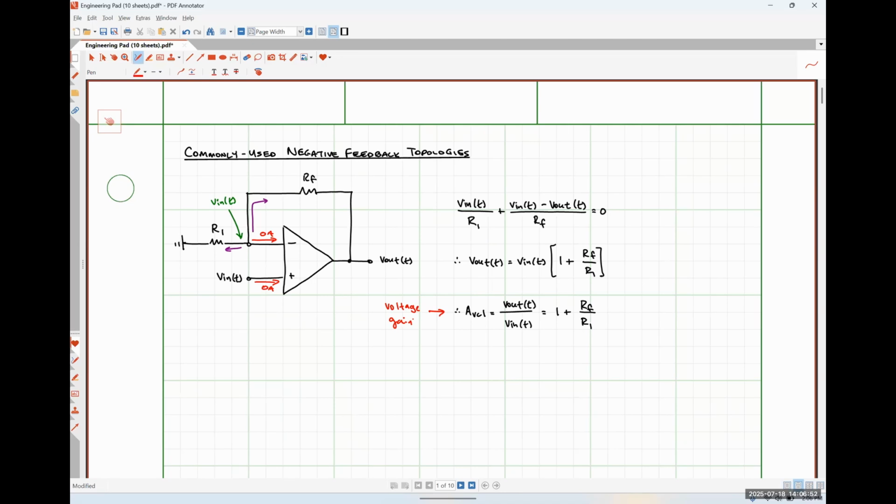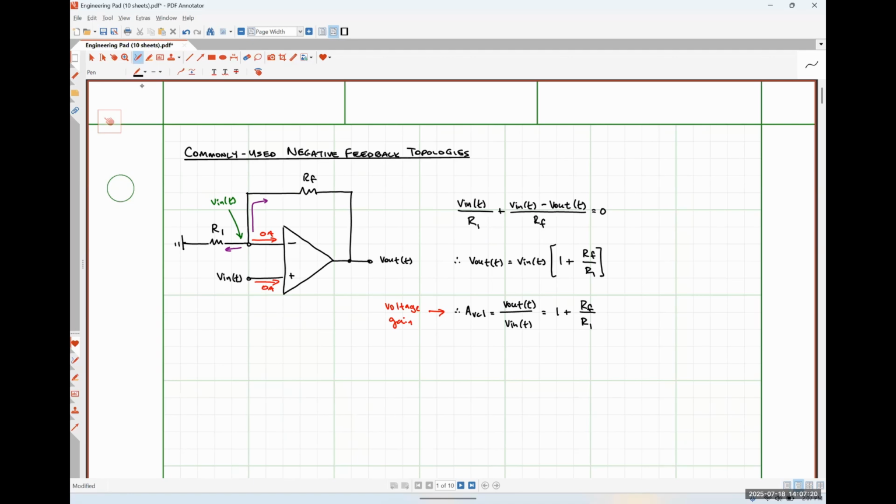If we look at our transfer function or our voltage gain for our system, we can see that it is simply 1 plus the ratio of the two resistors that we use to bias it. So that means that this amplifier is only capable of making output signals that are greater than or equal to our input signal, right?